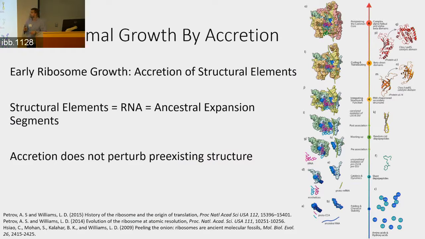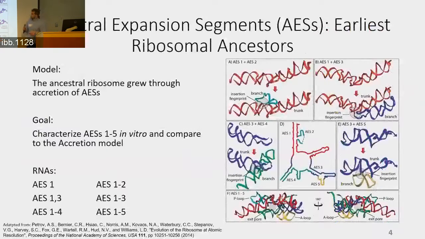Whenever I'm talking about structural elements, specifically what I'll be referencing is RNA structural elements, and I'll be calling those RNA structural elements specifically ancestral expansion segments. And so, as I said, the idea is that accretion is this process by which we don't perturb structure that came before, and we build upon and elaborate more structure on top of that.